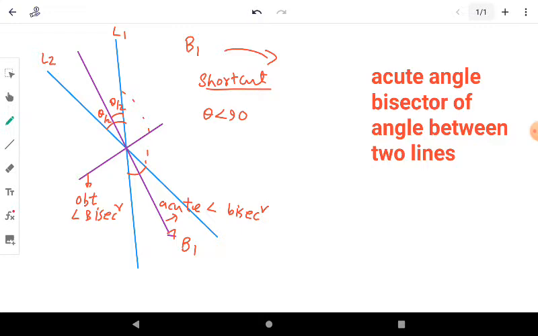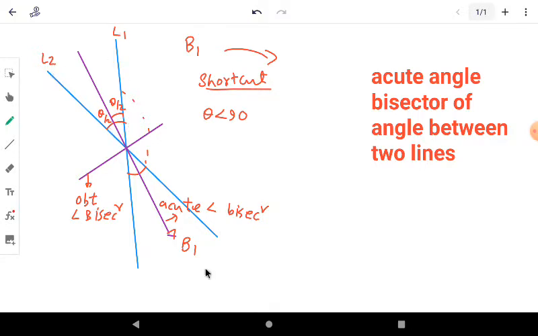What we are interested in in this discussion is to get the acute angle bisector between the two lines using a shortcut. What we want is to find this bisector, let's say B1, which we call the acute angle bisector because it is bisecting the acute angle between the two lines L1 and L2.